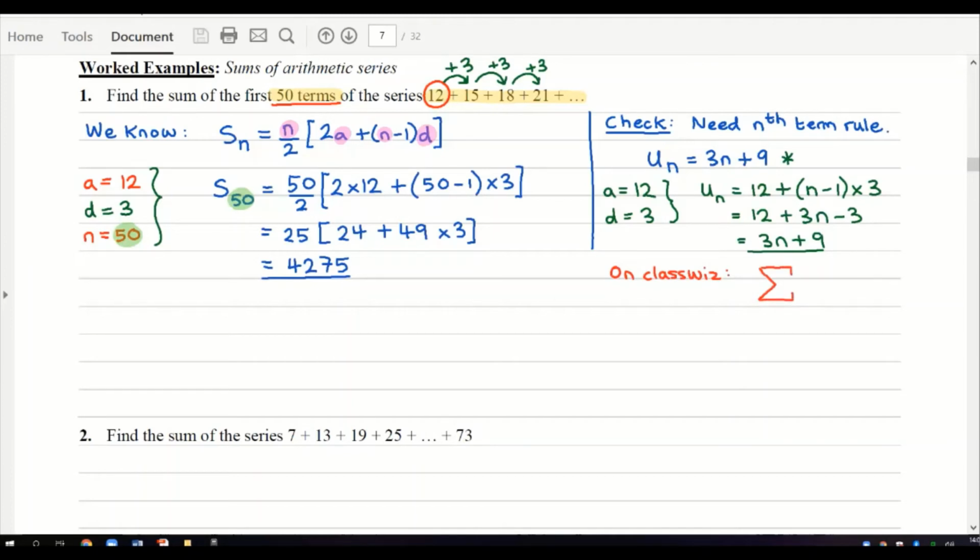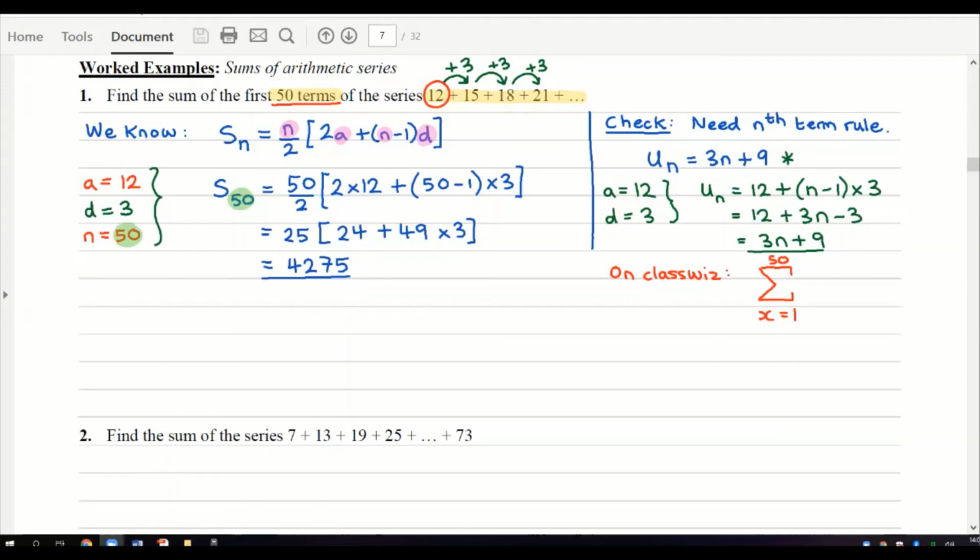It's a capital sigma, a Greek letter, and it will use the letter X here. The number at the bottom is the term you're starting from, which is the first term of the series, and you're summing the first 50 terms. So effectively, you're going from term 1 up to term 50.